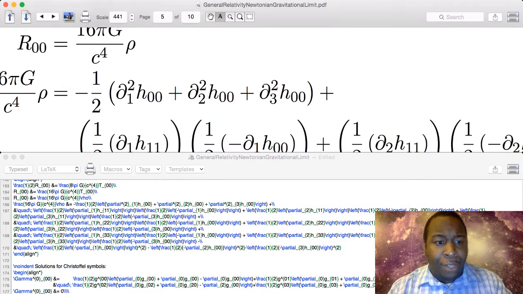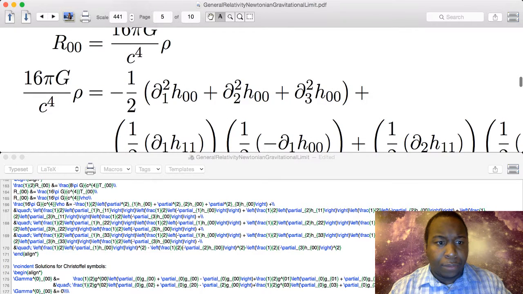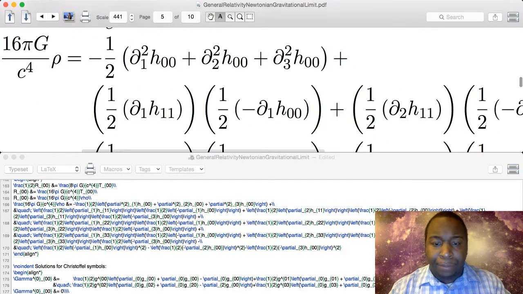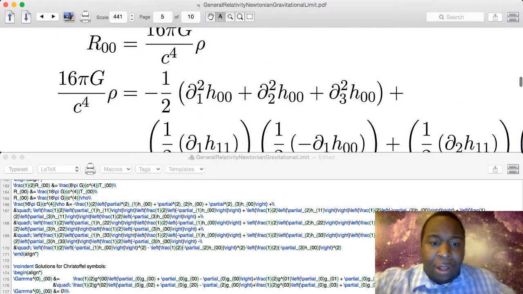But the coefficient of that is the negative 1/2. It's kind of what's throwing me off here. For all the other terms, they actually all end up going to 0.